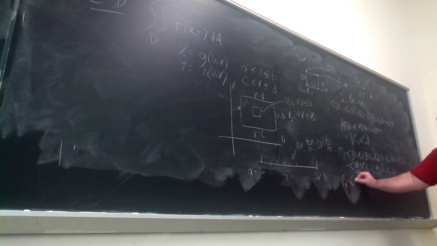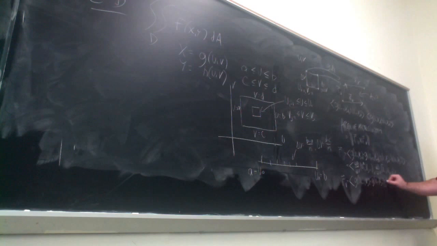So here we have g, and now we have u not changing, and v is. Okay. So I have ui minus 1 throughout, and then here I have vj, and then here I have vj minus 1.